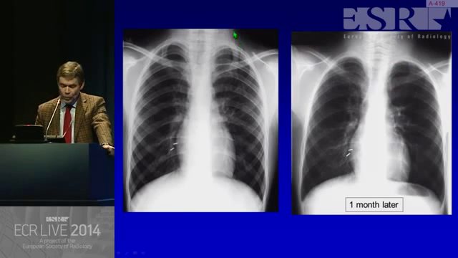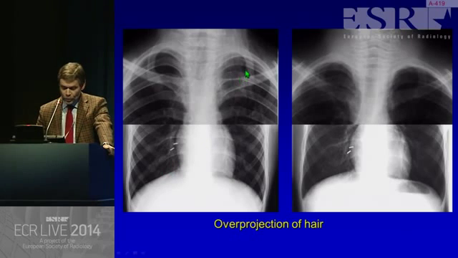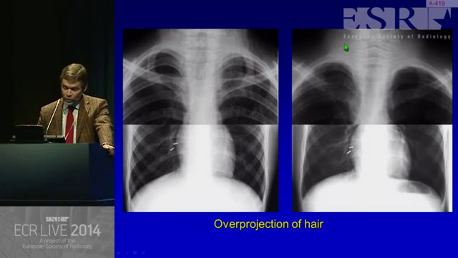And this is an abnormality, a normal variant we often see in girls and not so much in boys. At least not nowadays. In the 60s, we did see it. Because it's overprojection of hair. It can look like subcutaneous emphysema or pneumomediastinum, but when it's drawn away, it's completely normal.